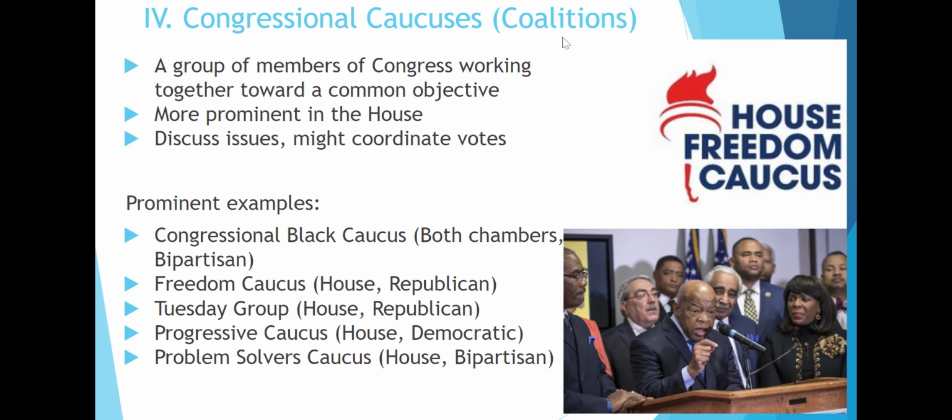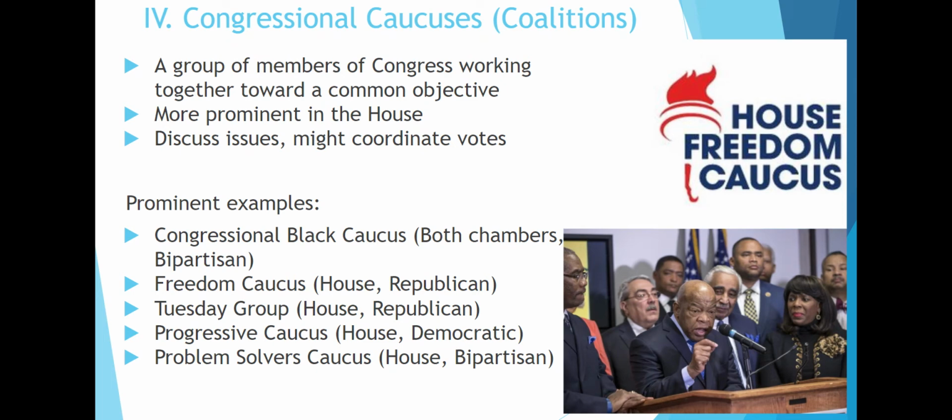We might use this word coalitions. These are groups of like-minded members of the House or members of the Senate. They're working towards some kind of common objective. So maybe it's only members of the House, maybe it's only members of the Senate, maybe it's members from both chambers. They're working together towards some kind of common objective.